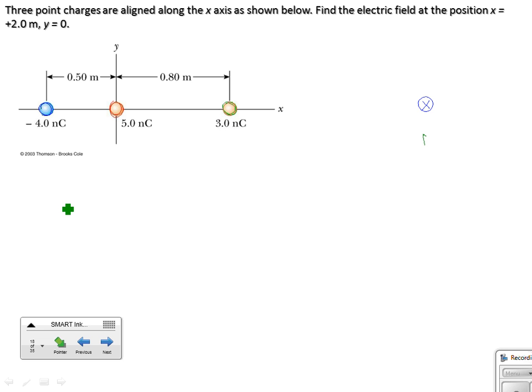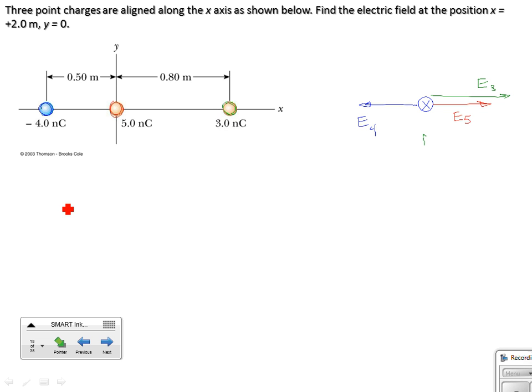All right, so blue charge is negative. There's a field like that I'll call E4 that points toward negative charge. Red charge is positive. There's a field like this, E5, that points away from positive charge. Green is also positive. There's a field that points like this, E3, that points away from positive charge. Okay?